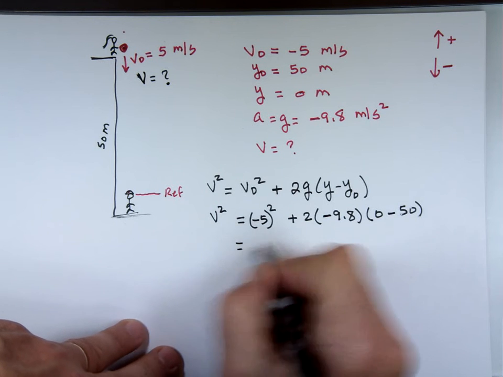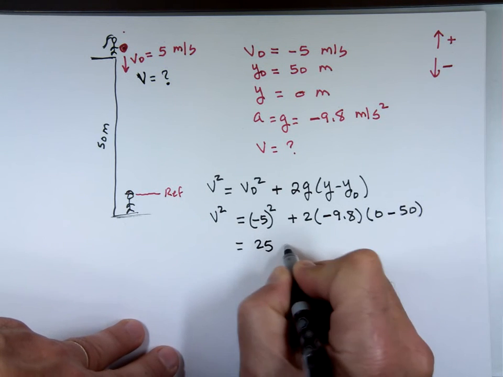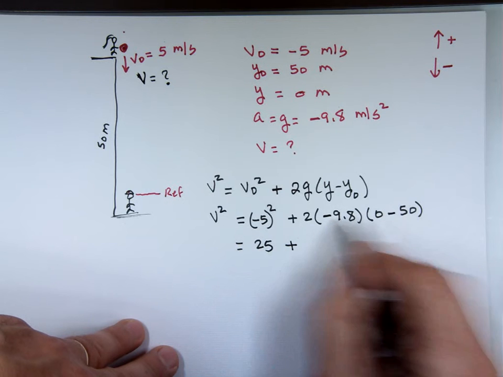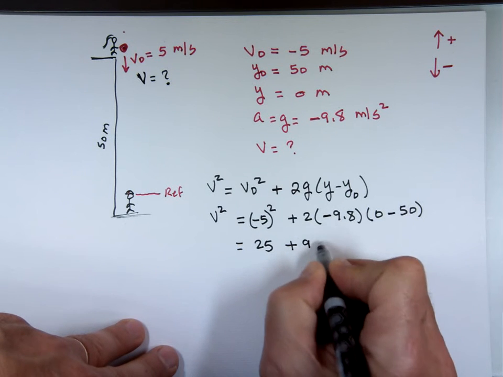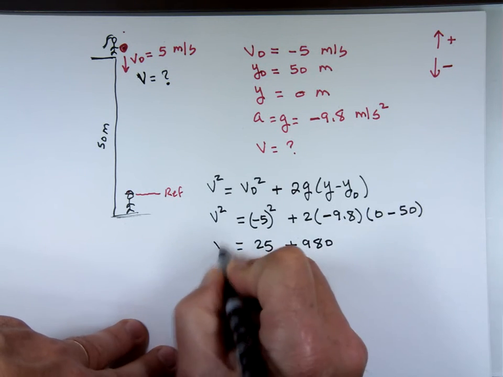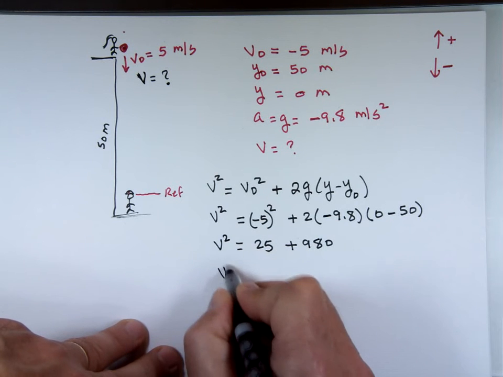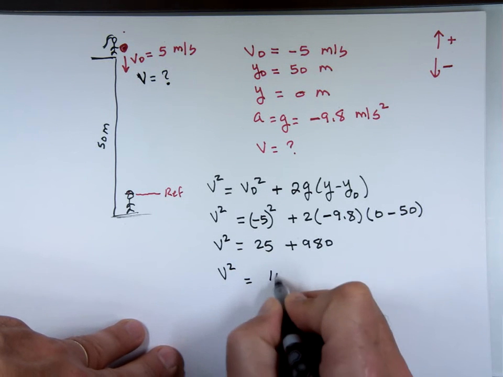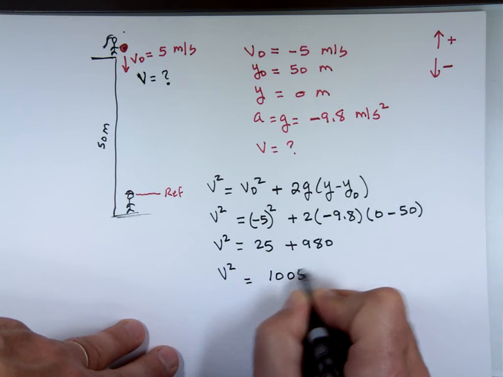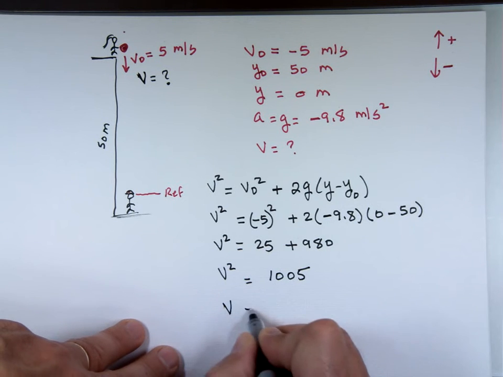This is 25. This will be a plus 980. 1,005, I think. And again, mathematically, v will be positive and negative. Two answers.